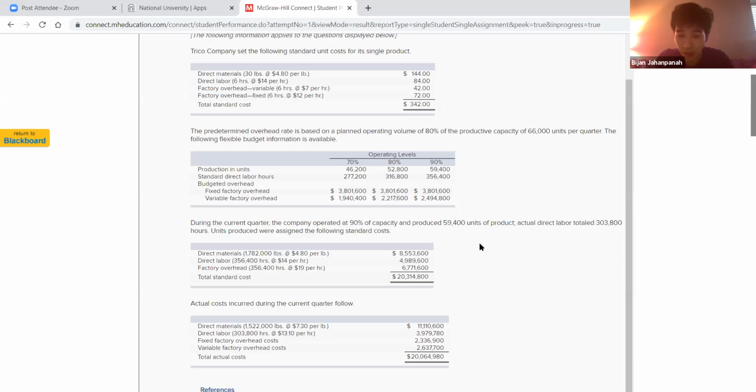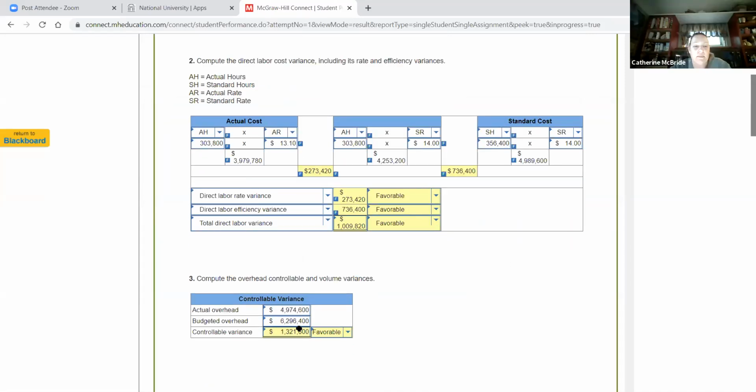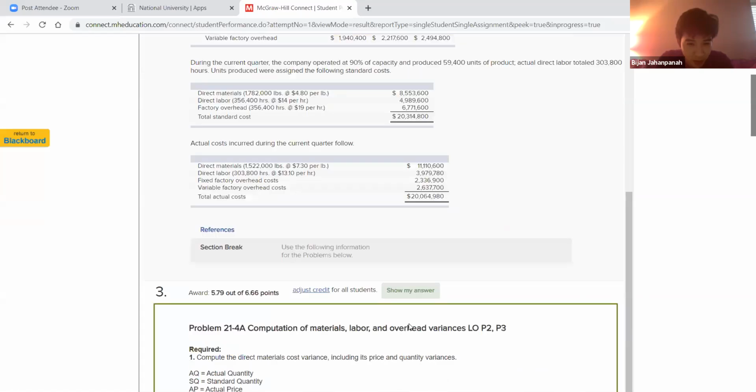I can add it up real quick if you like. Yeah. 3,801,600. Eight. 2,494,800. 6,296,400. Yeah, that is it. Oh, so maybe I was just doing the math wrong or something.